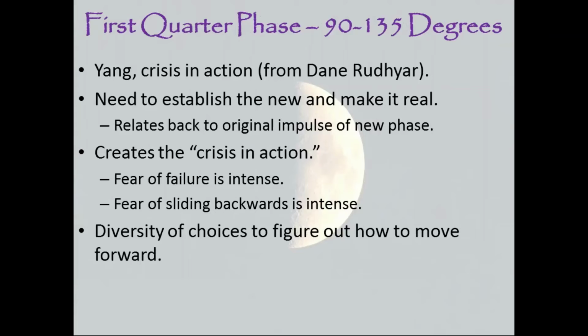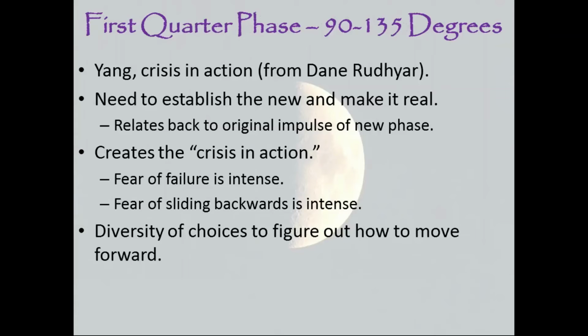What will happen here, especially as we are really close to the 90-degree aspect, is that the fear of failure is intense, and there is a fear of sliding backwards. I can't do it. I can't really manifest or bring this forward. I think I'm just going to go back to my security and what I know and stay stuck in the old pattern.